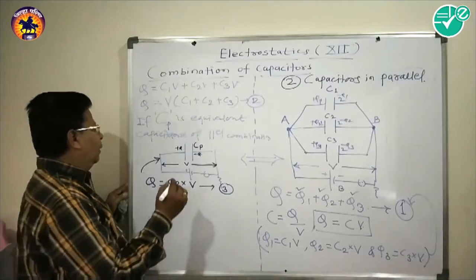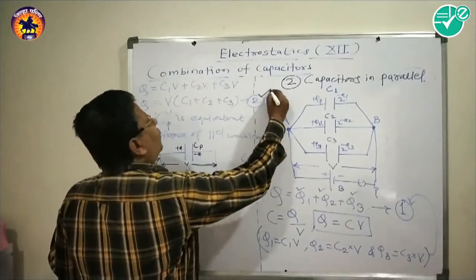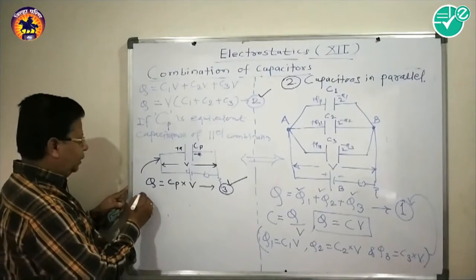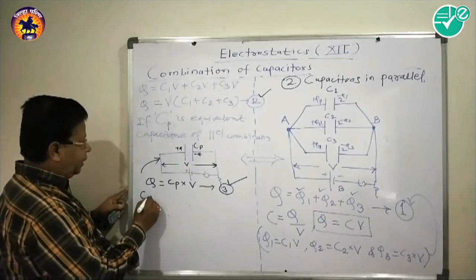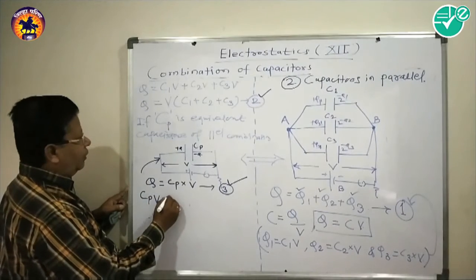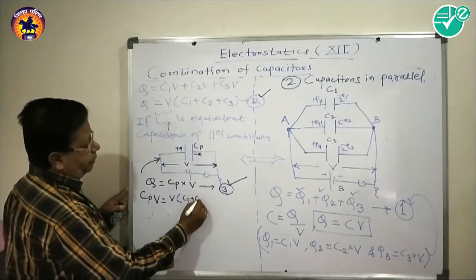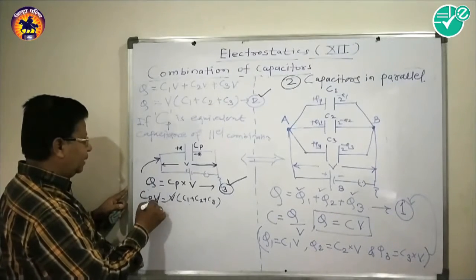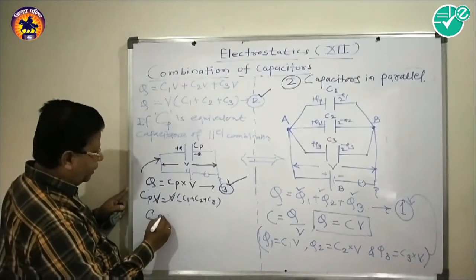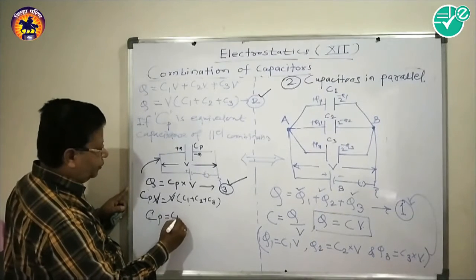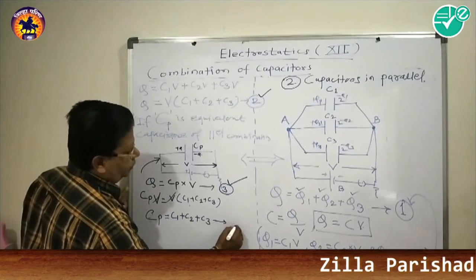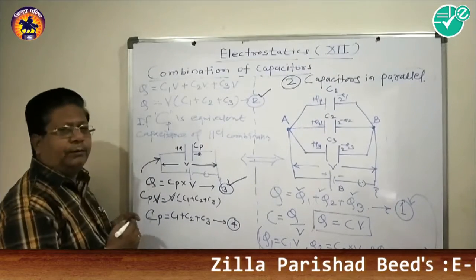Now if we equate equation number 2 and equation number 3, we get Cp into V is equal to V into bracket C1 plus C2 plus C3, and this V gets cancelled, and therefore we get Cp is equal to C1 plus C2 plus C3. Say this is equation number 4.